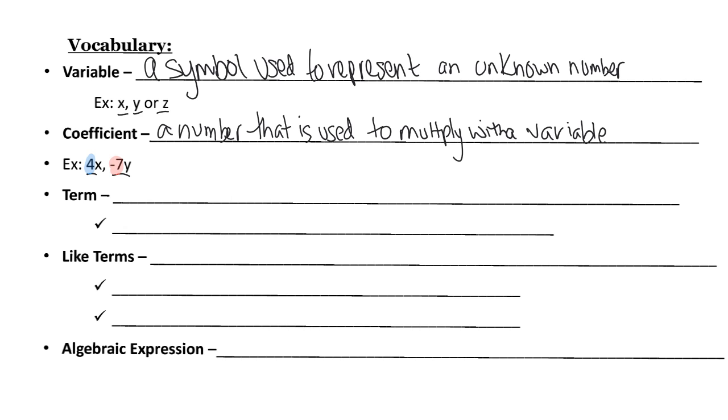Okay, a term is a lot of things, so this definition is going to be a little long. A term can be a number, a variable, or the product of numbers and variables.